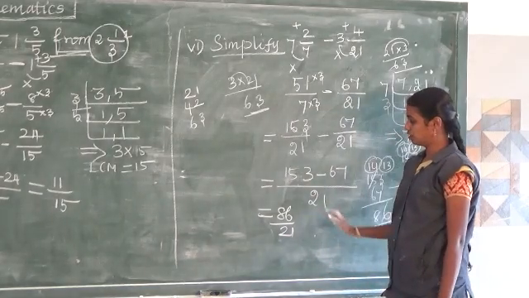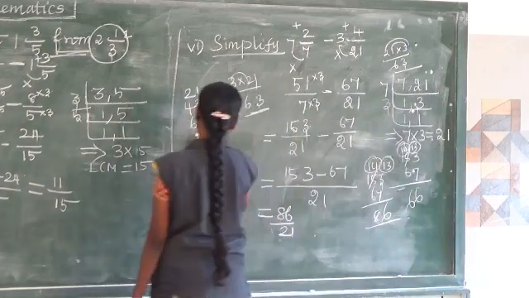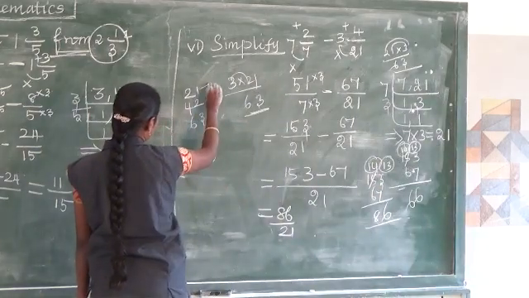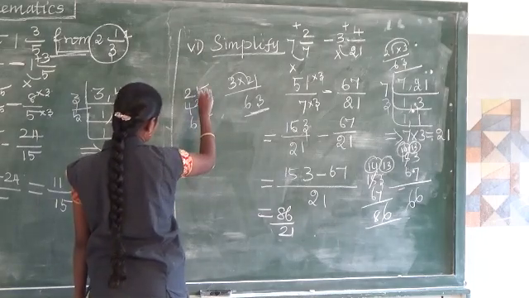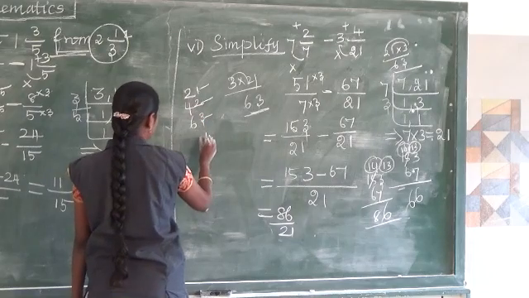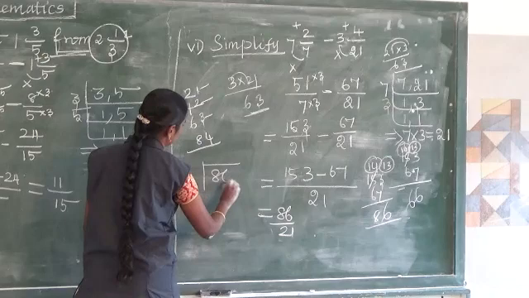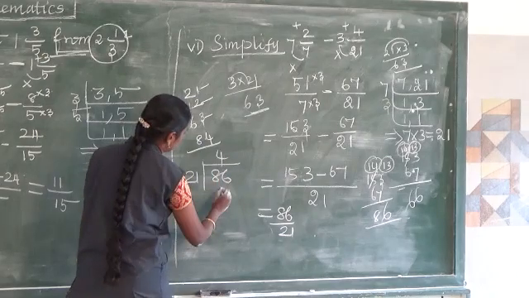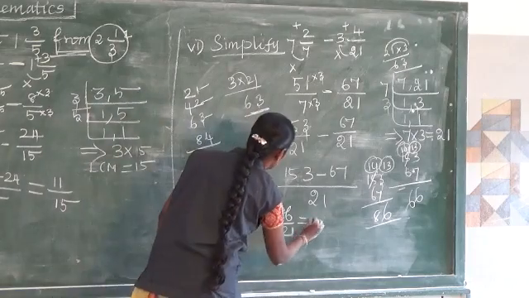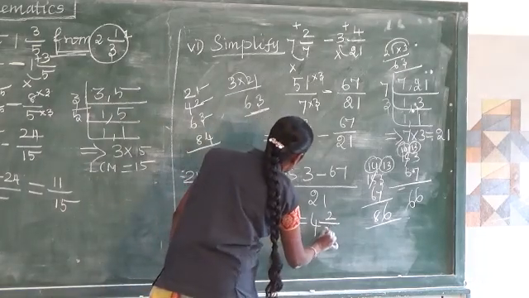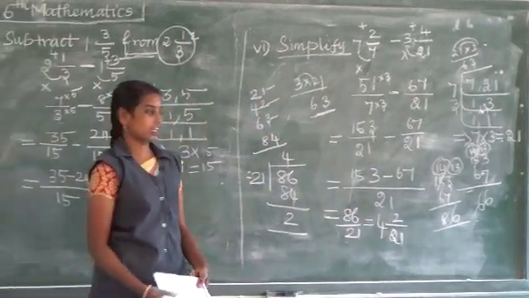A little mistake and the answer will be wrong. 86/21, 21 table: 1 time, 2 times, 3 times, then the 4th time, 21 plus 63, 84. So 4 times it is coming, remainder is 2. So the answer is 4 2/21. 4 2/21 is the correct answer.